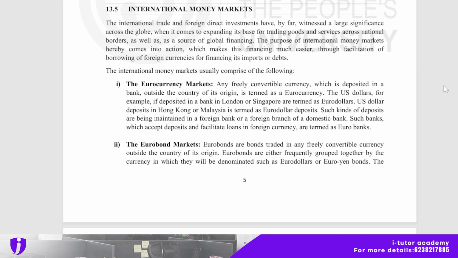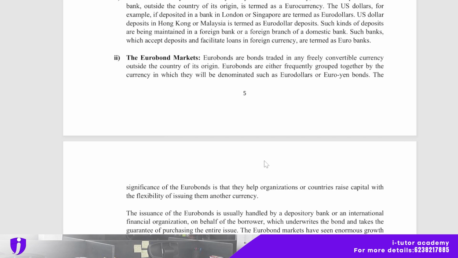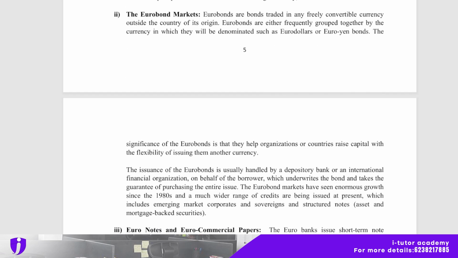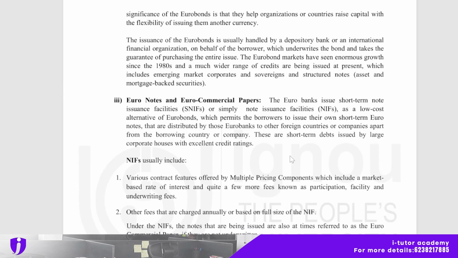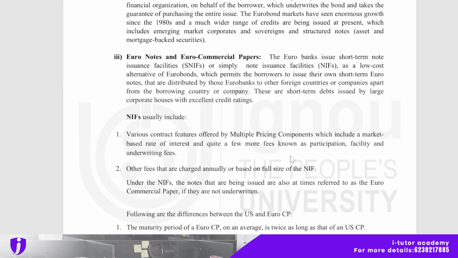The purpose of the international money market hereby comes into action, which makes this financing much easier through facilitation of borrowing of foreign currencies for financing imports or debts. The international money market usually comprises the following: the euro currency market, euro bond market, and next is euro notes and euro commercial papers, etc.